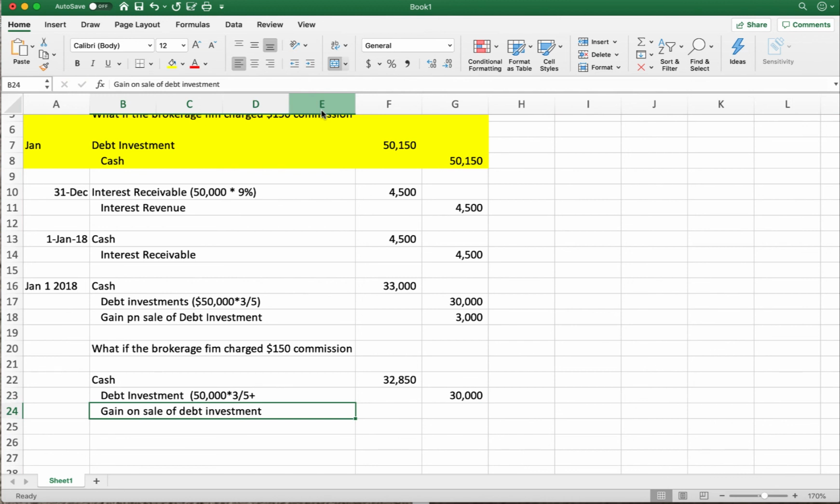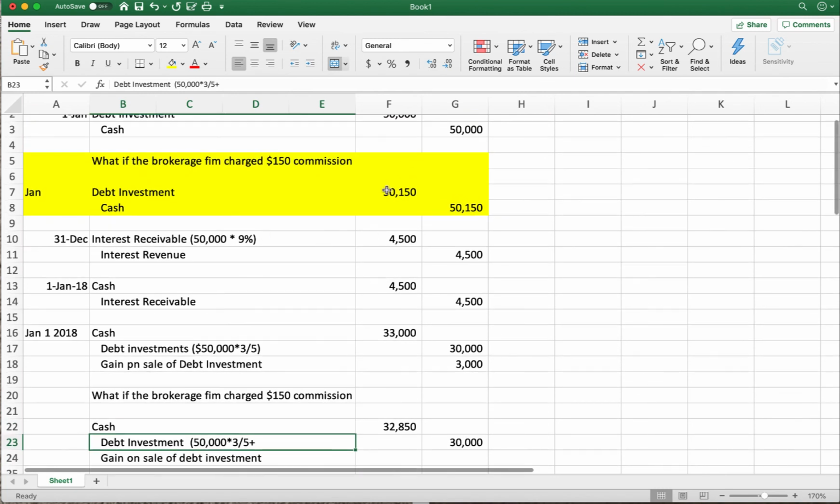Okay? Now you might be saying, well, wait a minute, why didn't we use the 150? Again, we're not worried about that $150 that was charged to us as commission for buying. We just include that as part of the debt investment, as opposed to saying, oh, we have an investment expense, right?